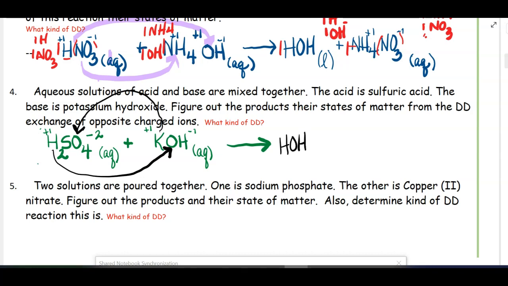There's water once again. And who's the other guy? The other guy's potassium, SO4. All right, we don't transfer any subscripts because we have to reform them on the other side based on charges. Sulfate is -2, potassium +1. So we know we need 2 of these.